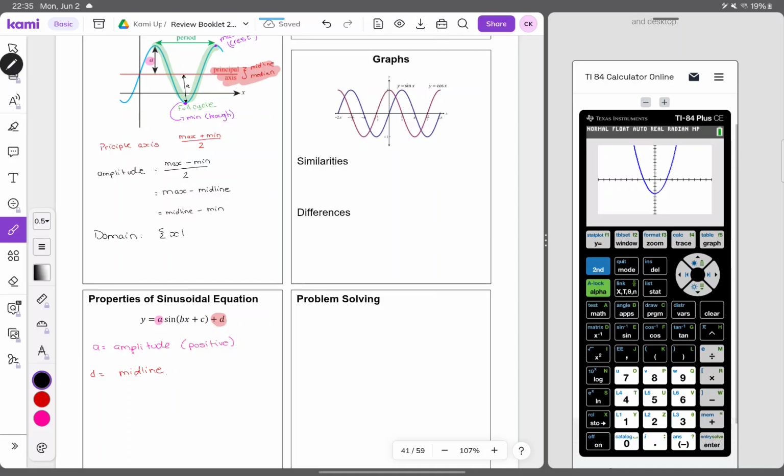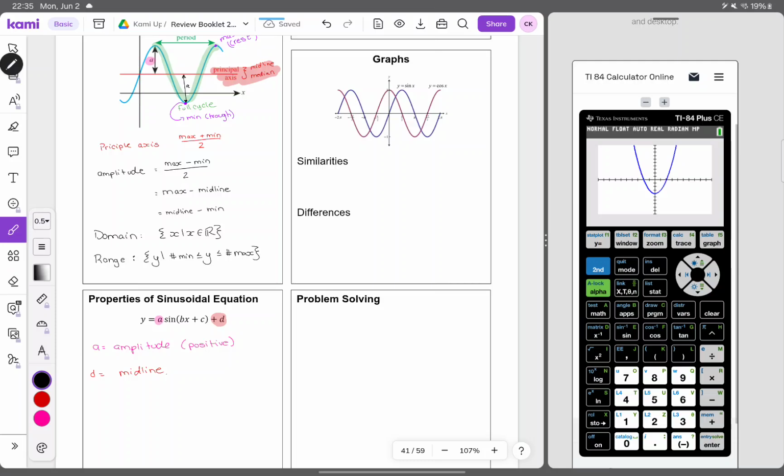Domain is nice. It's x such that x belongs to all the reals. Your range is always going to fluctuate back and forth. It's going to be y such that you're going to have your min number less than or equal to y, which has to be less than or equal to whatever your max number is.